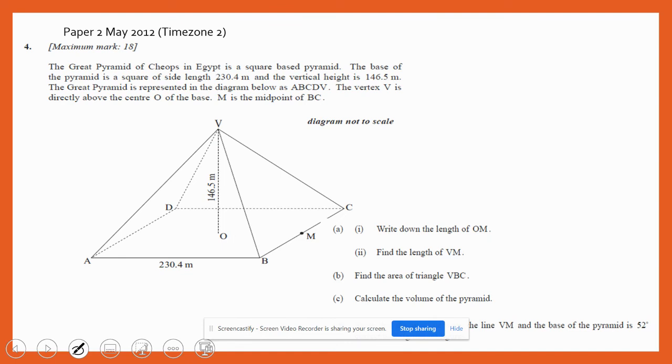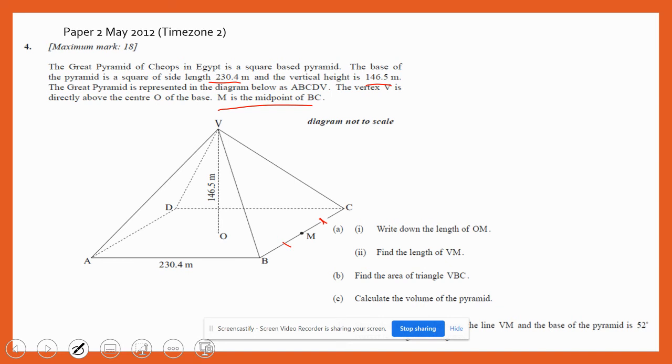Okay, this is another example from a paper 2012 pyramid question. So it's going to build from simple to complex. It says M is the midpoint of BC. That's important to note. What else do we know is on the picture? That's on the picture. That's on the picture. So it says it's directly above.